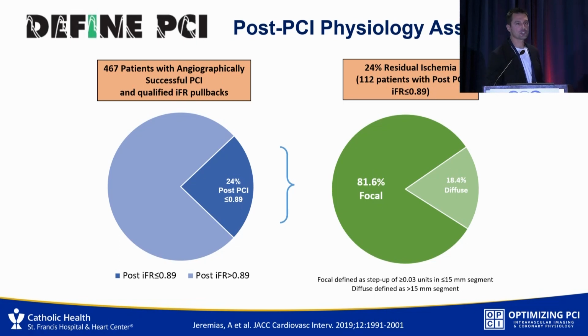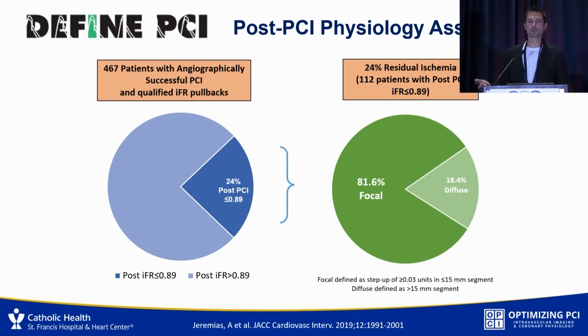And then finally, just post-PCI physiology. If you've opened the physiology wire for your indication for PCI, it doesn't cost anything additional to use it at the end of the procedure. The reason why we want to do post-PCI physiology is to check your work. What we know from DEFINE PCI is that when an operator felt they had a great result and the procedure was done, and they checked post-PCI physiology, they found a quarter of the time the patient was still ischemic.